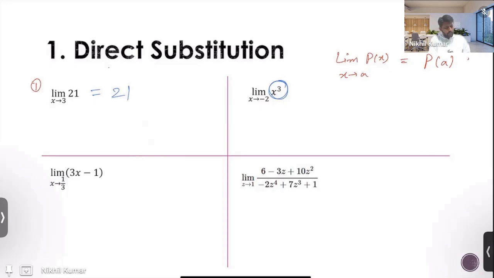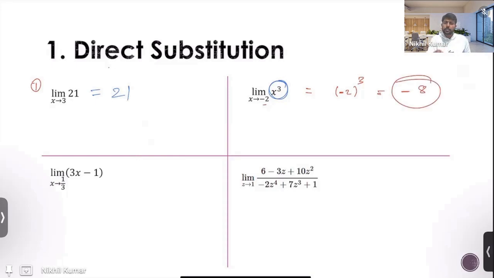We're going to use this. Limit of x cube as x tends to minus 2 is equal to minus 2 whole cube. You just put minus 2 in place of x. What you get is minus 8. That's the answer. So this is your limit. Pretty simple.